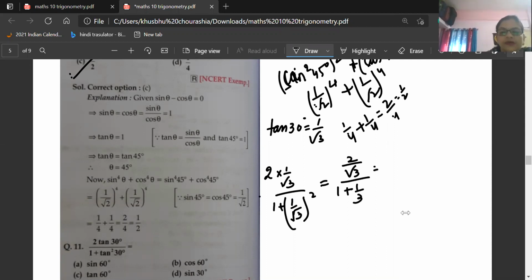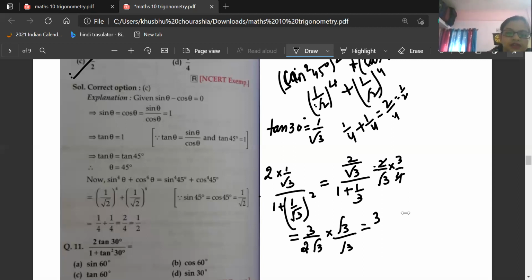So this will become 2 by root 3 into 3 by 4. Cancel. It is coming 3 by 2 root 3. Rationalize it. So 3 root 3 by 2 into 3. Cancel. So it is coming root 3 by 2. So which one is giving root 3 by 2? Sine 60 degrees only gives root 3 by 2. So everyone, all of you are correct.